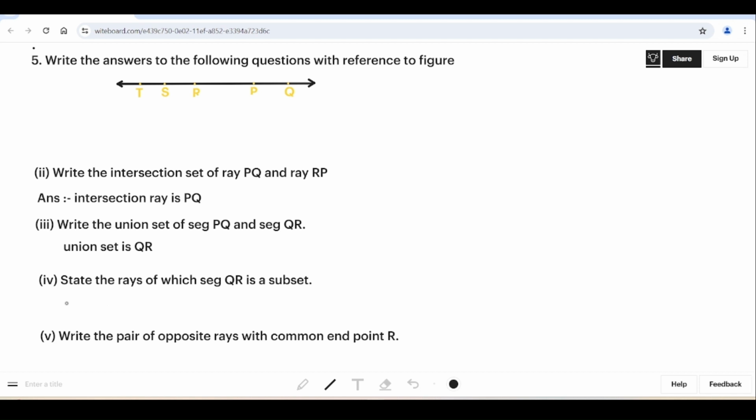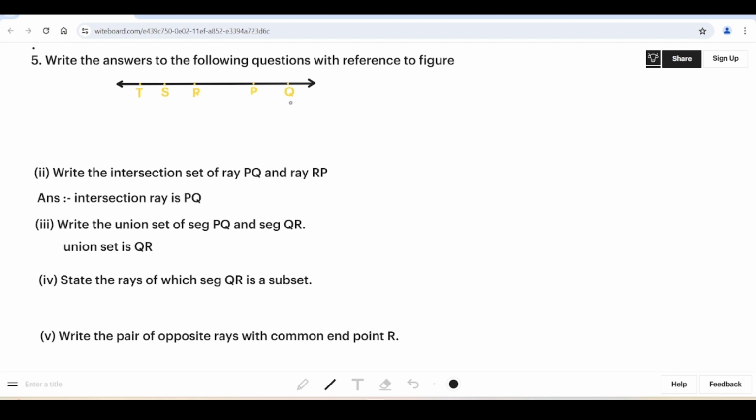Next question is: state the rays of which segment QR is a subset. Segment QR is the subset, means we have to find the sets that are greater than QR. So it can be said ray QS and ray QT, because QR is a subset of those.